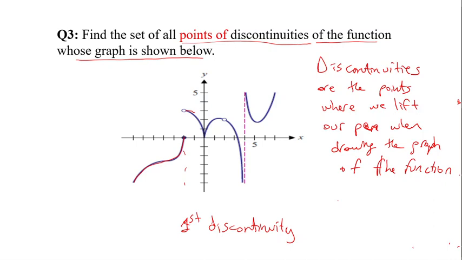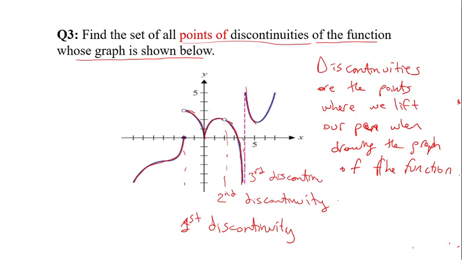Now let's keep doing it. Let's follow the graph. We lift our pencil here and we go this way. So this is the second discontinuity. Now we follow it, then we have to lift our pen, so it will make the third discontinuity.